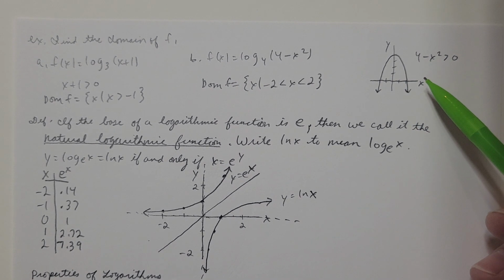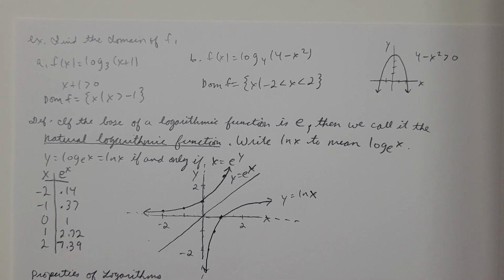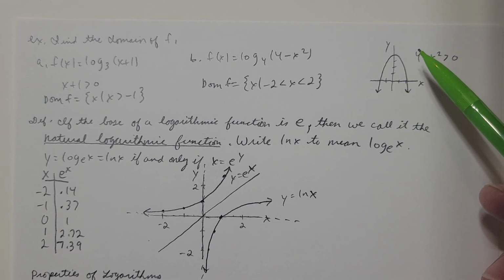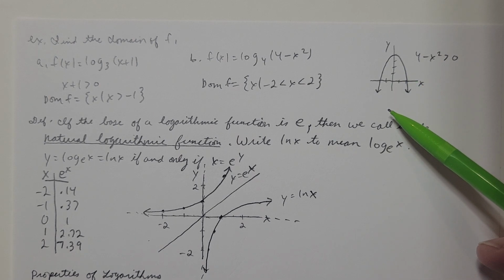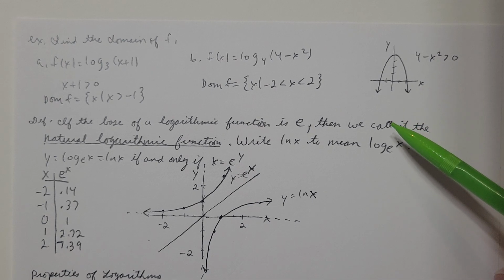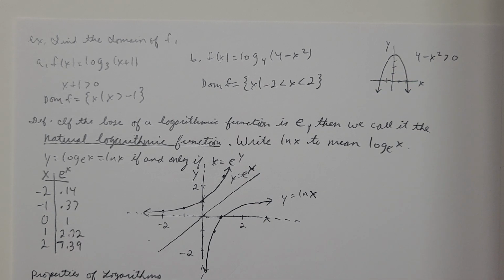Now, if I were to graph y equals 4 minus x squared using what I know about transformations, I'm going to start with y equals x squared, and that's a negative, right? So I flip the parabola upside down, and then the plus 4 means to shift it up 4 units. Okay, so this would be the graph of y equals 4 minus x squared.